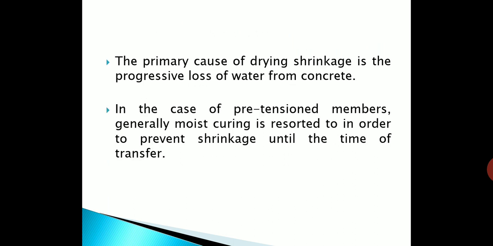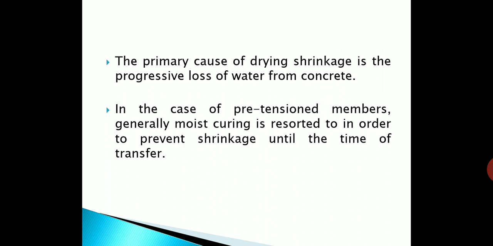The primary cause of drying shrinkage is progressive loss of water from concrete. So if the curing process is not that great, water escapes from concrete and this results in shrinkage, and shrinkage further results in loss of prestress. Now when you go for high strength concrete in PSC, and if you go for accelerated curing, first of all the high strength concrete has a reduced water cement ratio.